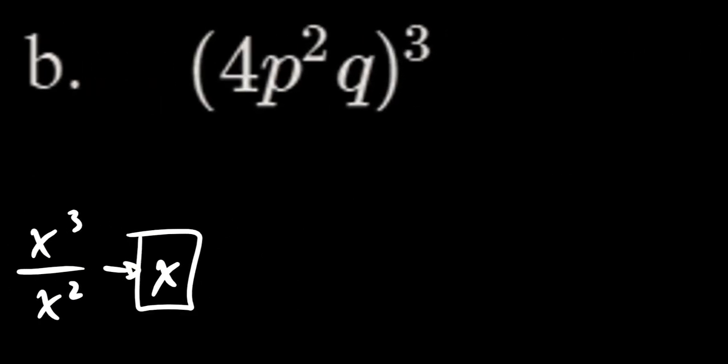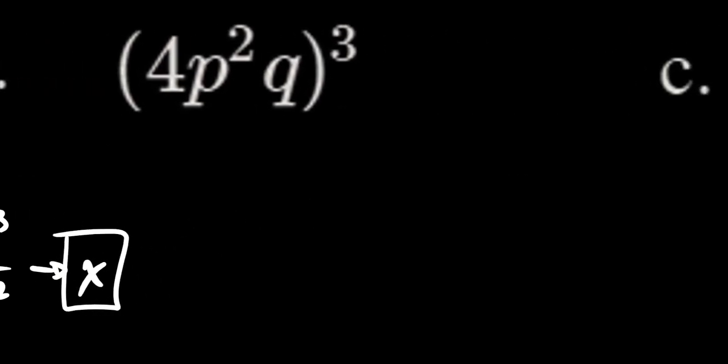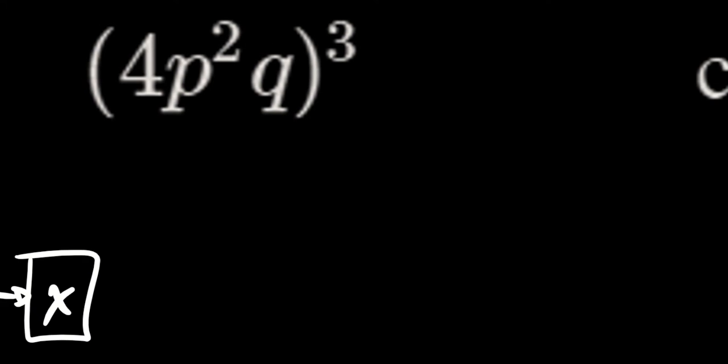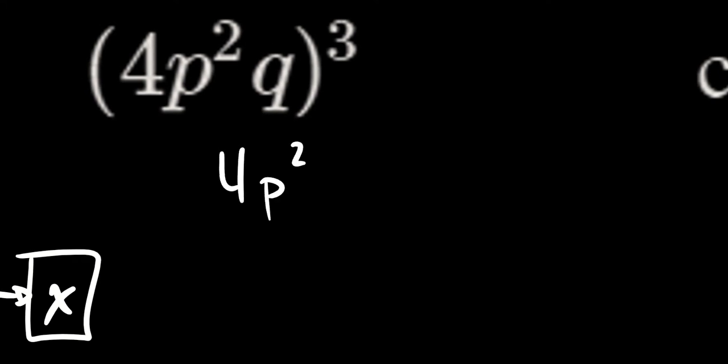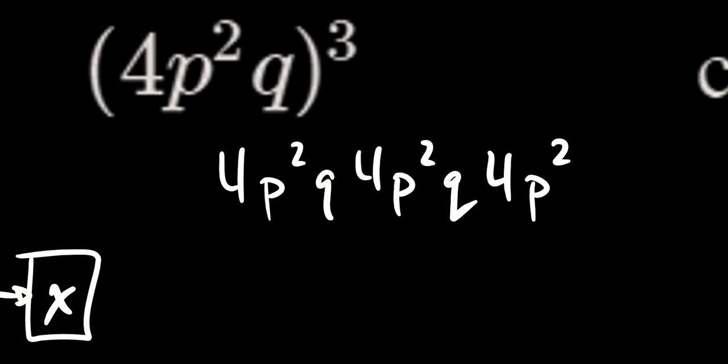Let's move on to B. Okay, so B, I do have 3 of these things. I have 3 4p squared q, 4p squared q, 4p squared q. Now, if there were 20 of them, I would not be doing it this way. I would be looking at the shortcut. But right now, as I write it out, I'm trying to develop and make sure I understand a possible shortcut.